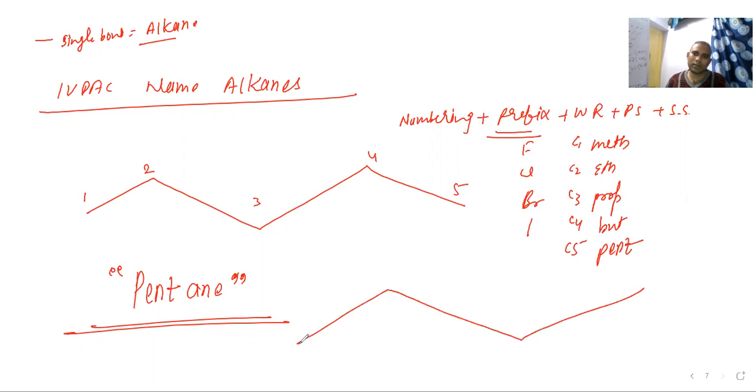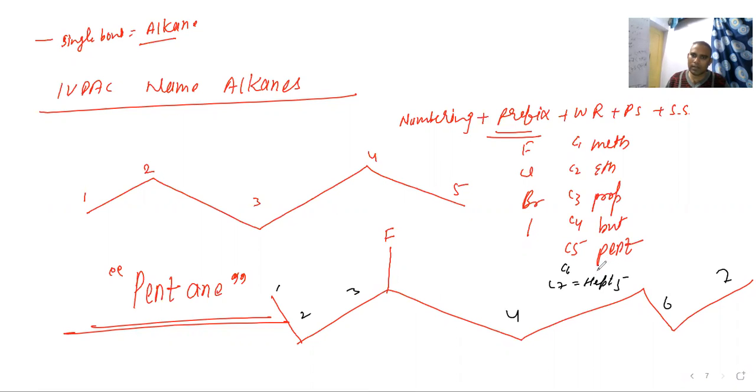Now see this one. If I am having this, what can be the name? Here is the fluorine. Counting 1, 2, 3, 4, 5, 6, 7: seven carbon means hept.